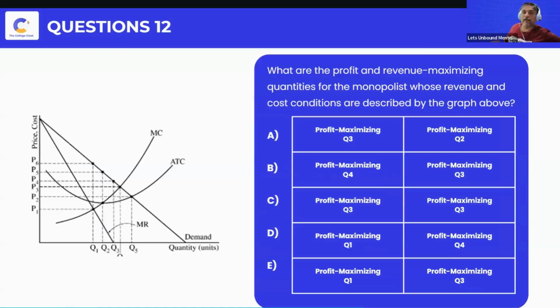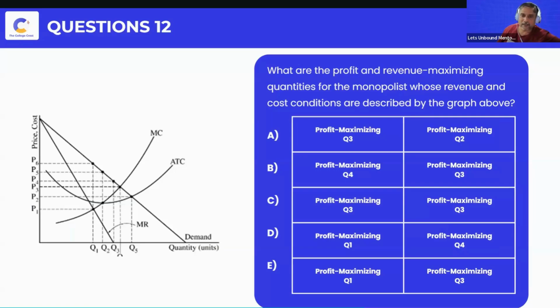Again, you see one more question for this particular AP test. What are the profit and revenue maximizing quantities for the monopolist whose revenue and cost conditions are described by the graph above? Okay, so we can see in the graph there are two conditions that we need to judge. One is profit maximization.